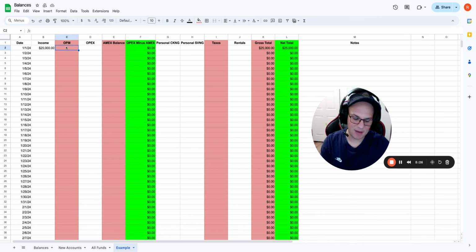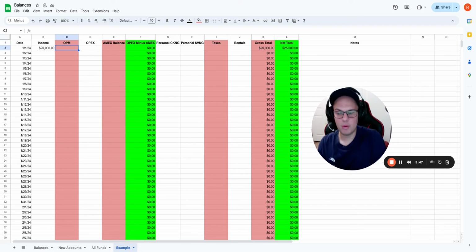The next account that I have stands for other people's money, OPM. As a real estate investor, I'm buying houses all the time and I use other people's money to buy these houses. So it's not uncommon for me to have a couple $100,000, a couple $1 million of other people's money inside of that account. What you don't want to do, however, is mix other people's money with your money.